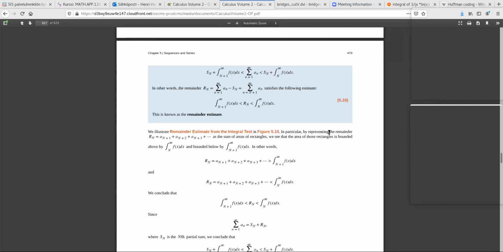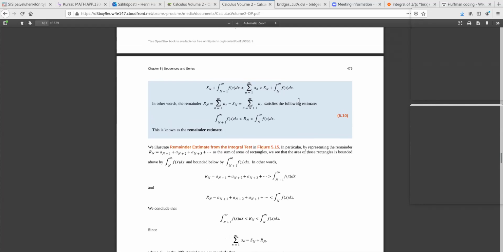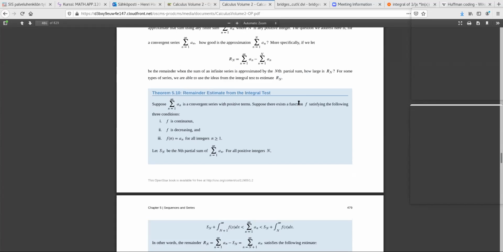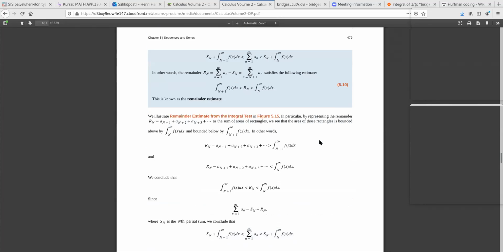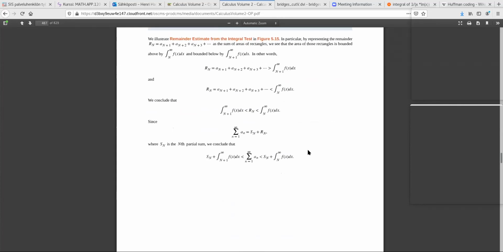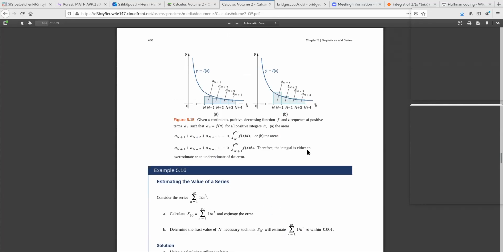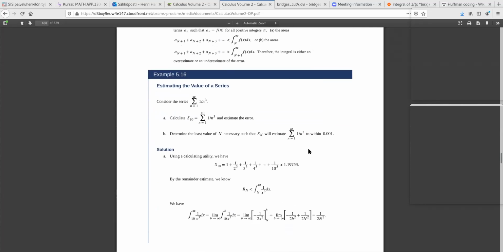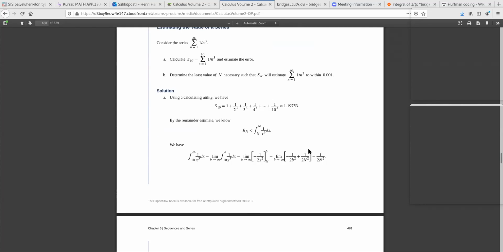It's equal to those, but then between those integers, as long as it's decreasing, it works. This was not proven, I think, and it's a little bit out of scope to prove, but it's a nice result. Okay, I'm not going to do this remainder estimation, so I'm not going to ask that of you, but the integral test is something that you should be able to do.